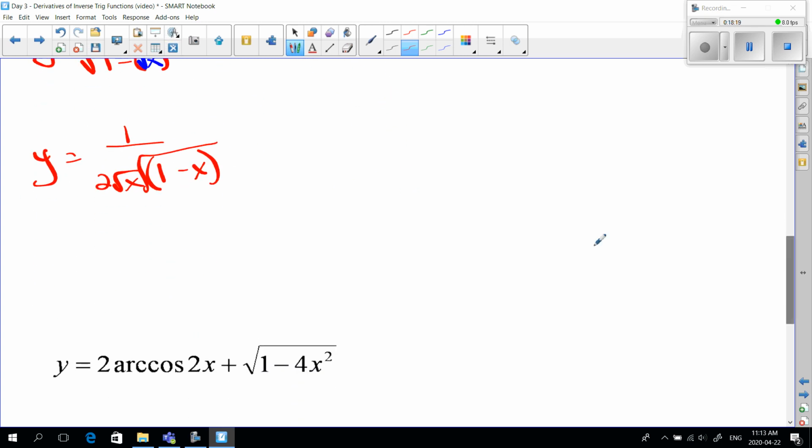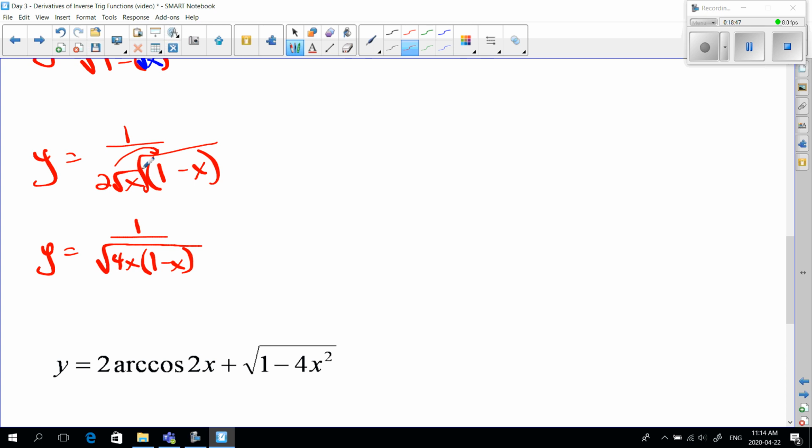Now, you can leave it like that, but a lot of times we might bring the 2 root x in under that square root. So it would look like this. It'd be a square root, and then in order to get that 2 root x in there, I'd have to square it. It would have to be a 4x times 1 minus x. So that 2 root x went in under the square root.